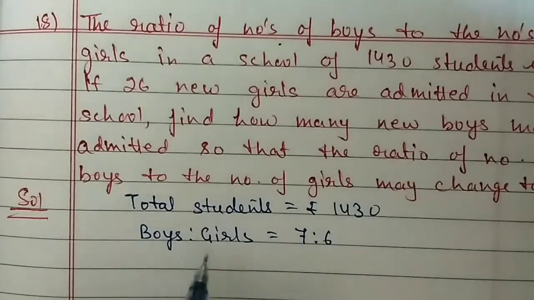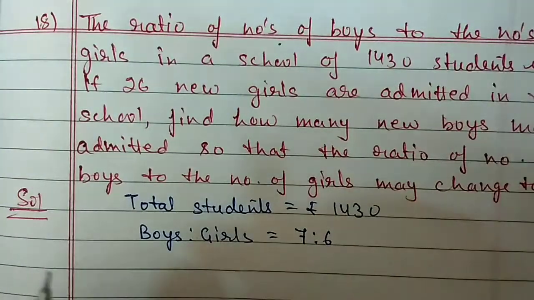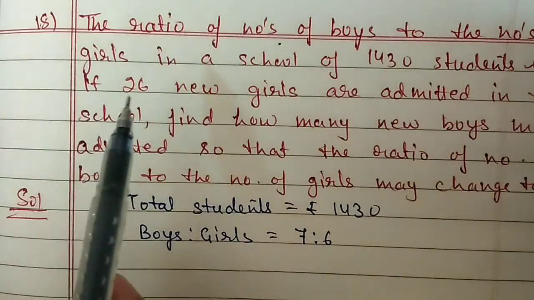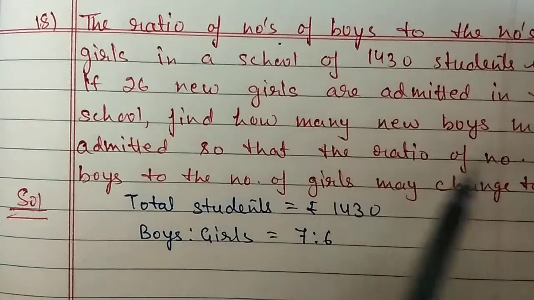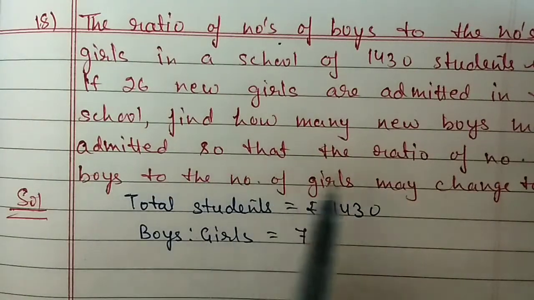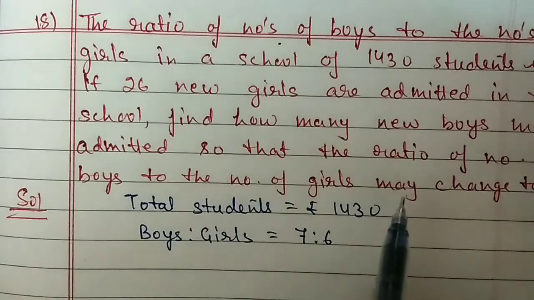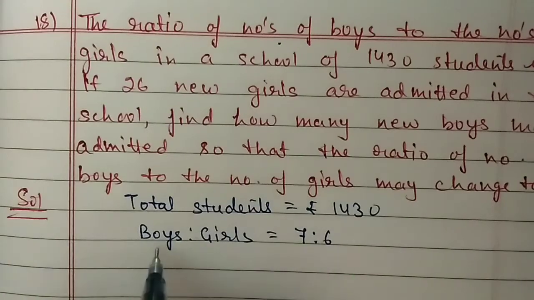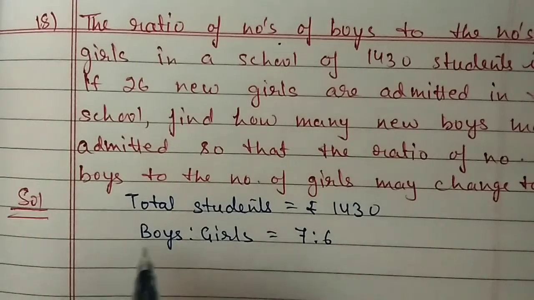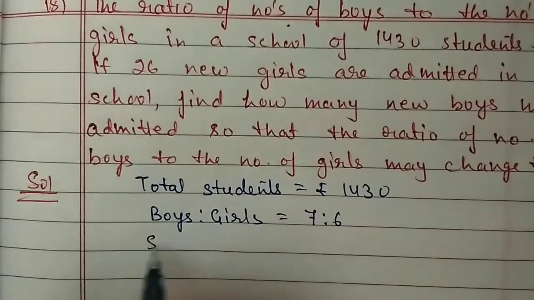So first we will find out separately number of boys and number of girls. After that it is given 26 new girls are admitted in the school. Find how many new boys must be admitted so that the ratio of boys and girls will change to 8:7. So first we will find out number of boys and number of girls. After this we have to do the sum of ratio.